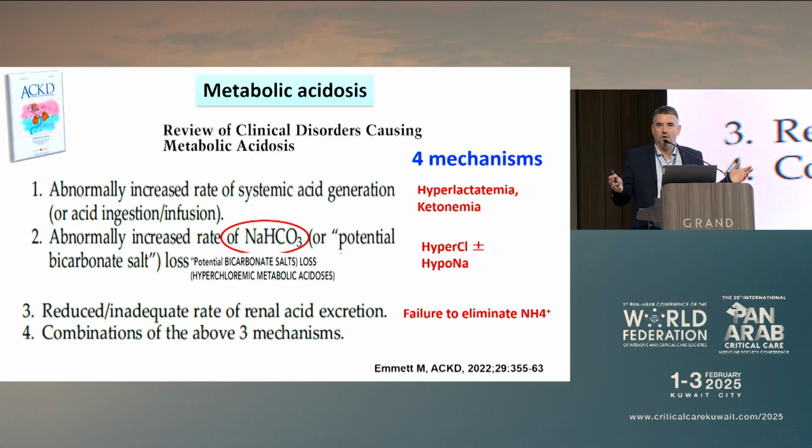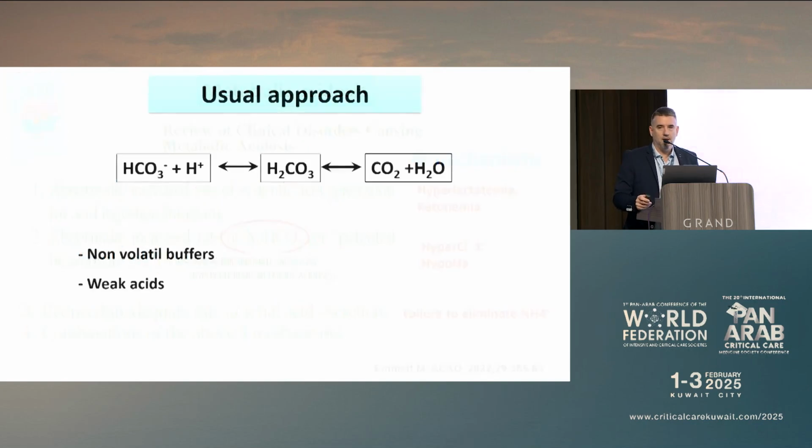You may face also hyperchloremia or hyponatremia. This is a discrepancy between the 2 big ions for the pH, sodium and chloride. And the third possibility is a failure to eliminate the NH4+. Only 3 mechanisms to explain metabolic acidosis.